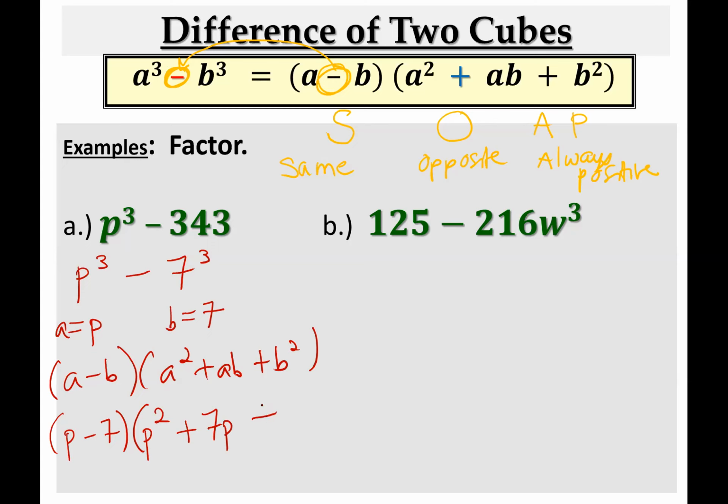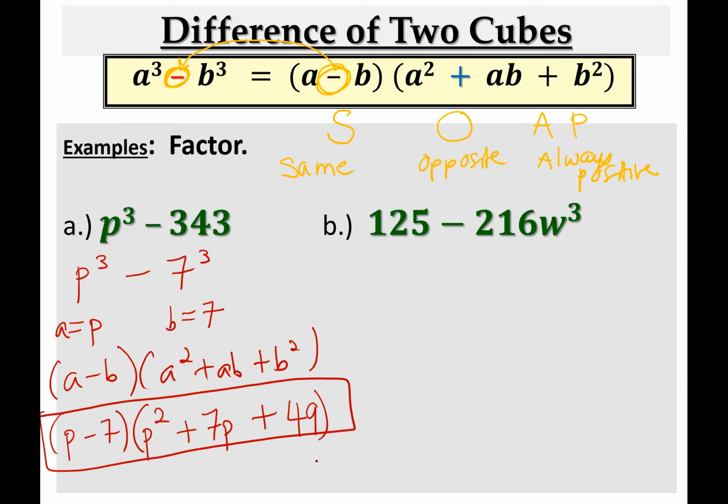Finally, plus, we have b squared, so we should be doing 7 squared, which is 49. It's important to write plus 49. If you just write plus 7 squared, you haven't fully simplified, and you'll be frustrated getting the problem wrong.